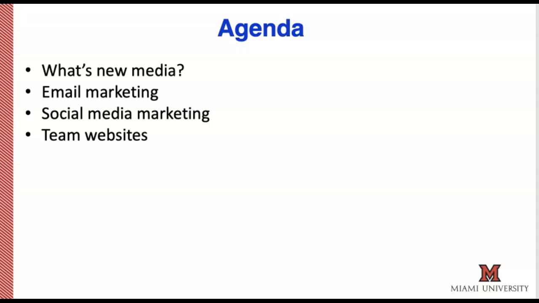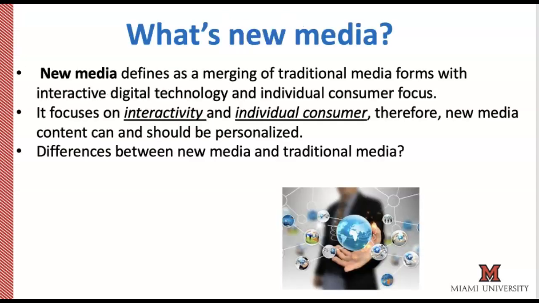Speaking of new media, I would say digital media, sometimes people call it Web 2.0. So what made Web 2.0 unique compared to Web 1.0? How is new media different compared to traditional media? The definition of new media is a merging of traditional media forms with interactive digital technologies and individual customer focus.